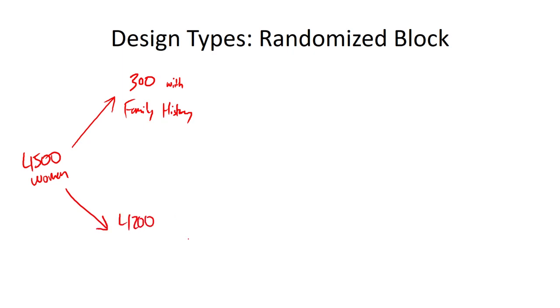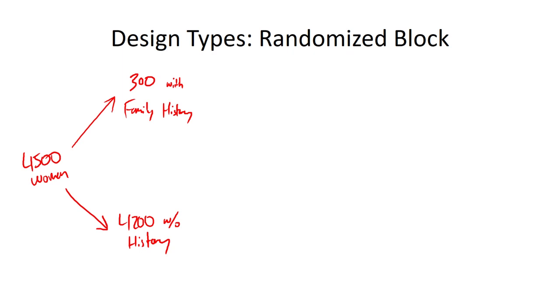I'm making this up, but let's say that was without history. So what you're doing is splitting your population up into what we call blocks, and the nice thing is you can split as many levels as you need to, unless you run out of people.